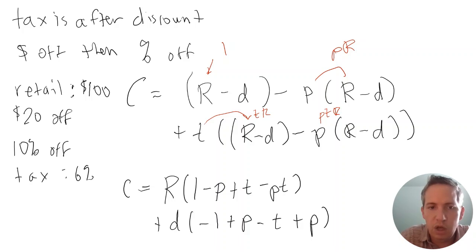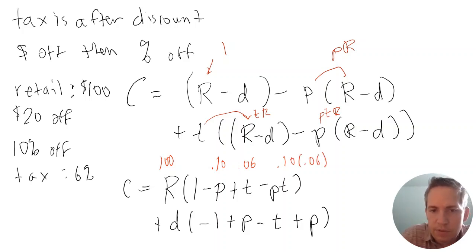So now if I plug all my values in, my retail value is $100. My percent off is 10%, so it's 0.10. My tax is 6%, so it's 0.06. And then I have 0.10 times 0.06.